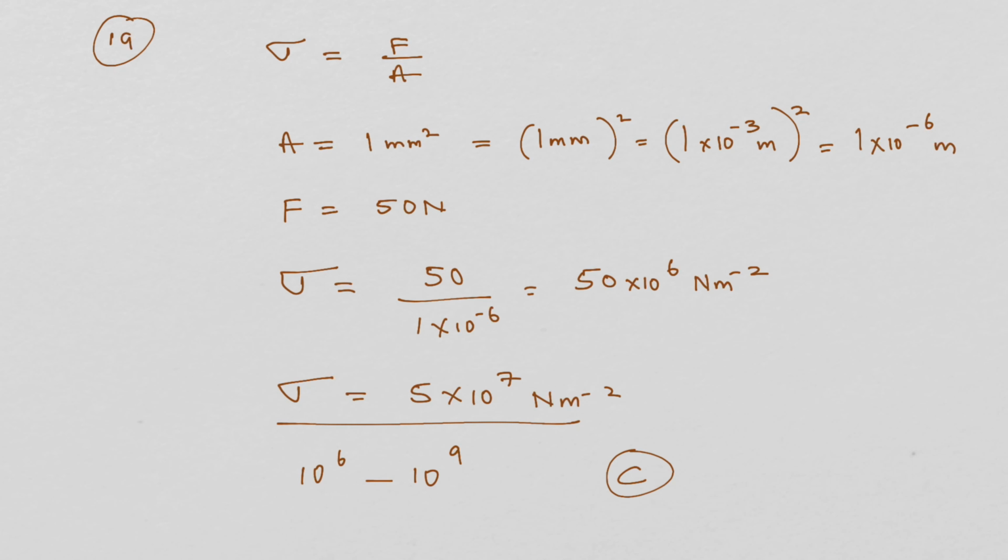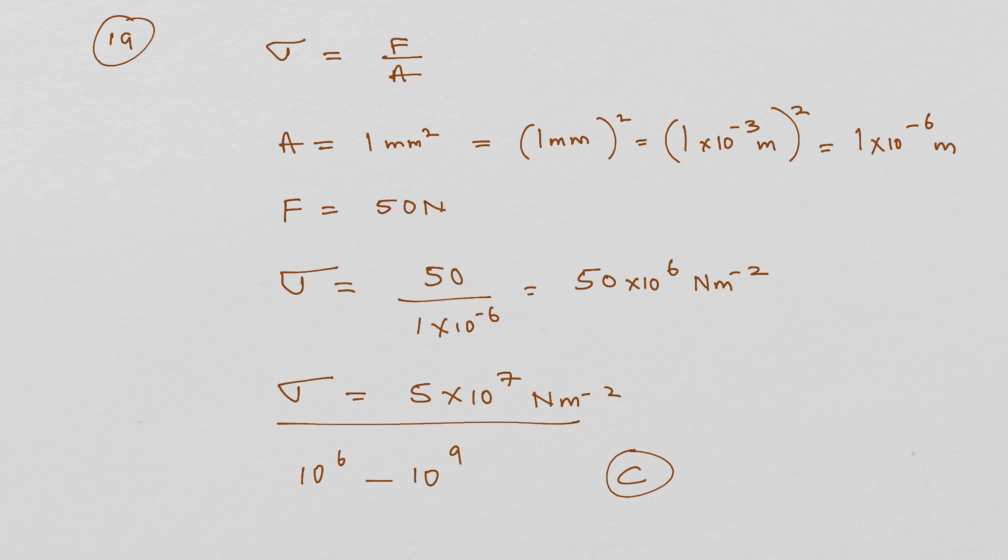Question 19. A load of 50 newtons is suspended from a wire that has a cross-sectional area of 1 millimeter squared. The stress in the wire in pascals is between... Right, so we need to find the stress in the wire. Stress is force over area, where the area is 1 millimeter squared, which is (1 times 10 to the power minus 3 meters) all squared, and that is 1 times 10 to the power minus 6 meters squared.